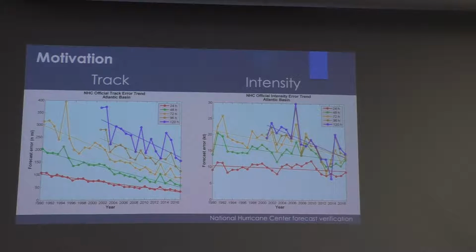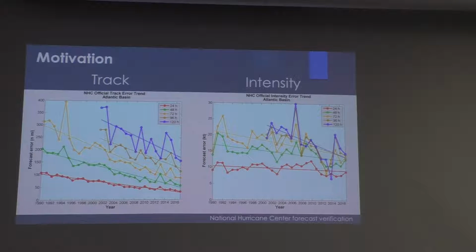And this is being worked on by a number of field campaigns, such as the Tropical Cyclone Intensity Experiment, the Hurricane Forecast Improvement Program, and TPARC 2, which is intensity improvement out in the Asian Pacific Basin.